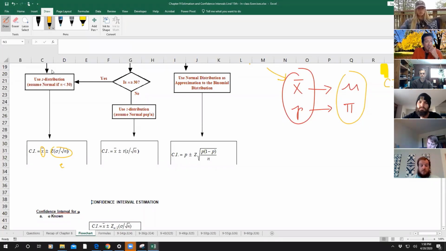All right. So note that in this formula, X bar plus or minus Z times sigma over square root of n, the margin of error, E, is composed of these three things: Z, sigma, and the square root of n. Okay, I just rewrote this equation here into this more readable form.